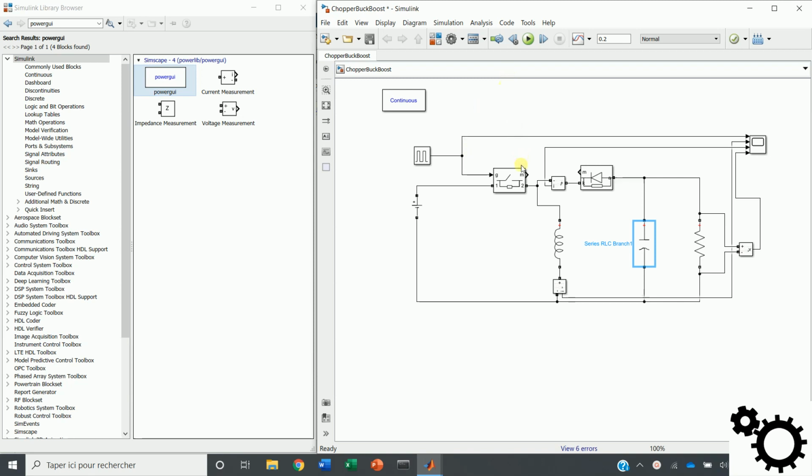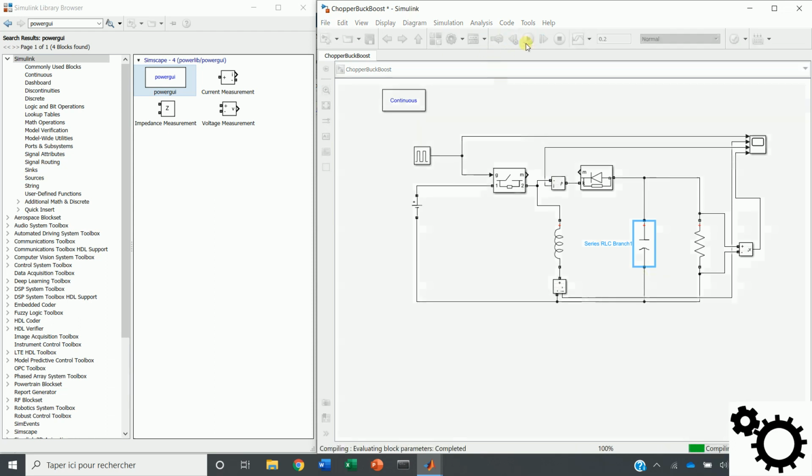So, when the interrupter is on, the diode is reverse biased and the current flows through the inductor, which stores some energy. But when the interrupter is off, the energy stored in the inductor is sent to the load and the input voltage is disconnected.